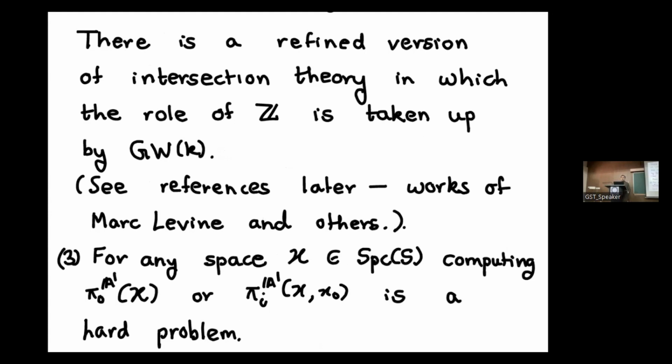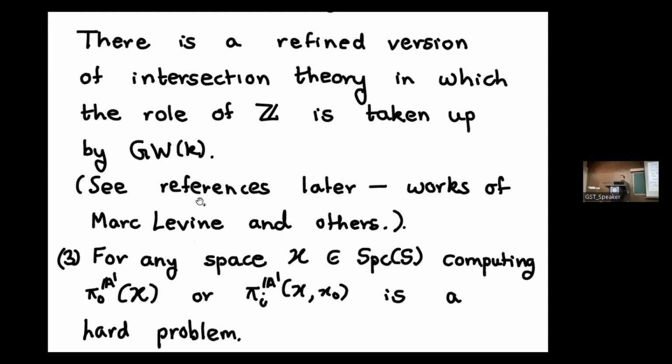This is a topic on which a lot of work has been done, by Mark Levine and many other people. You can take a look at this. I've listed some references later, but I have not written references for this.